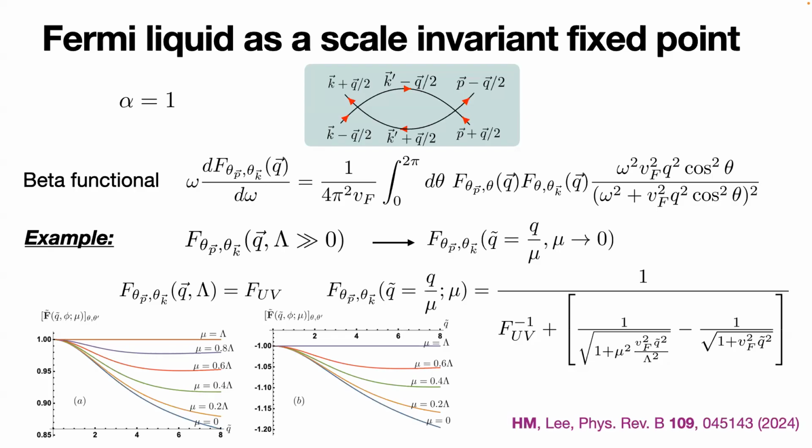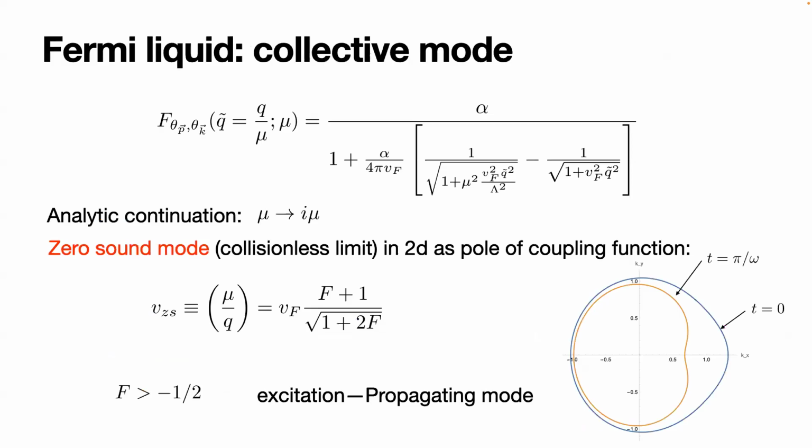Using this interaction, we can compute many physical observables, such as the density correlation function, by using this effective interaction at tree level only. Besides, we can also study the collective mode of the system. After doing analytical continuation from the energy scale to the real frequency, we can find that the zero sound mode is the pole of the coupling function.